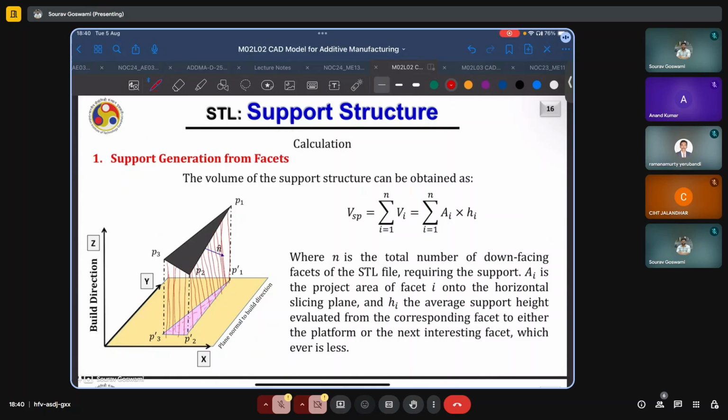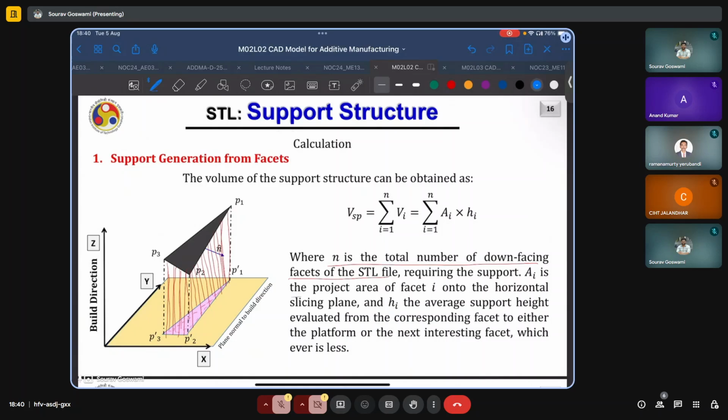And these columns will extend to the top. And a simple way to calculate the support structure volume is as the sum of Ai times Hi, going from 1 to n. n is the total number of down facing facets.